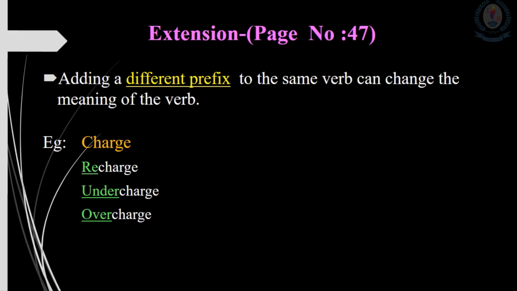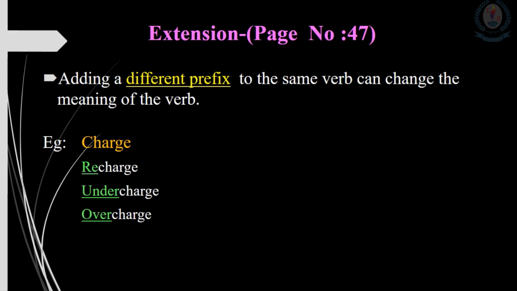Alright, now let's move on to the last section of this lesson, extension on page number 47, which is all about adding a different prefix to the same verb to change the meaning of the verb to make a variety of new words. The example given in this lesson is charge, and using different prefixes they have created 3 different words with different meanings.